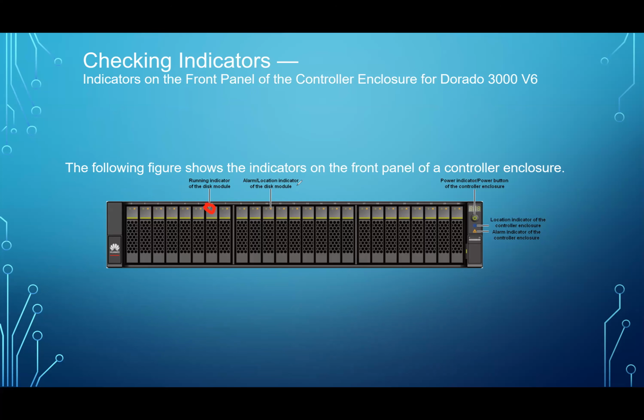We have the alarm or location indicator of each and every disk module. On the right side, we have the power indicator and power button of the controller enclosure. We have the location indicator, if this is on, and the alarm indicator of the enclosure.